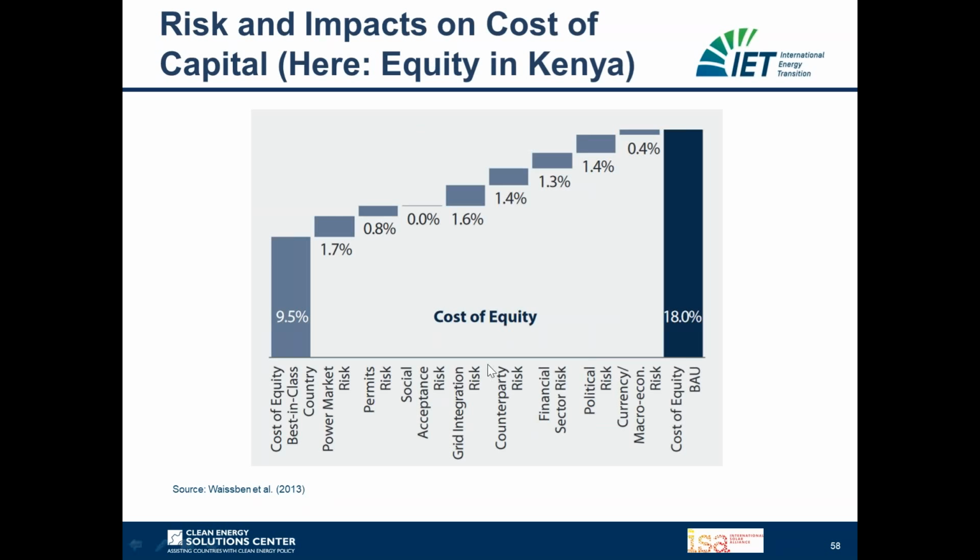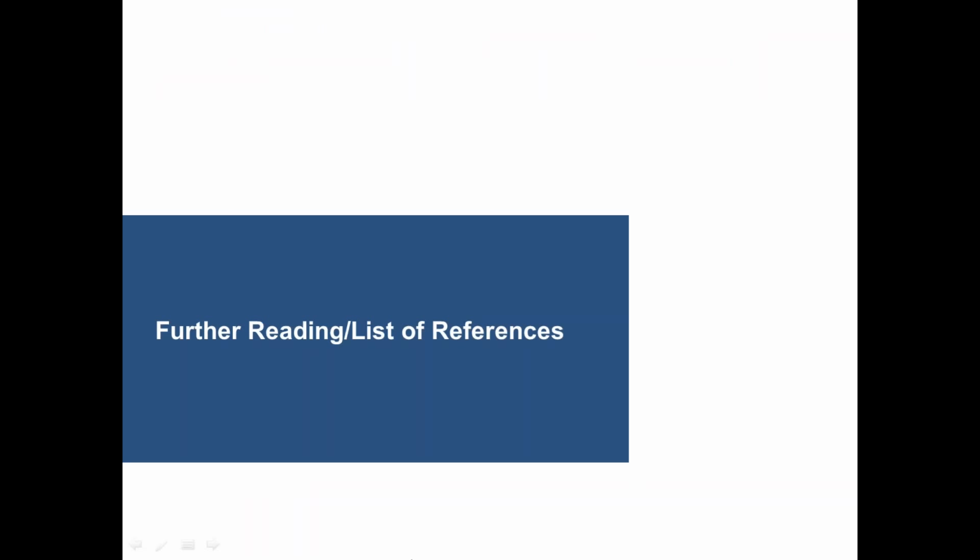Here an example again from Kenya from the same study, where you can see how certain risk in a market can actually lead to a significant increase of the cost of equity, but also to the cost of debt. So if you're able to minimize these risks, you can minimize the cost of capital and therefore also reduce the overall LCOE of solar PV in your country.